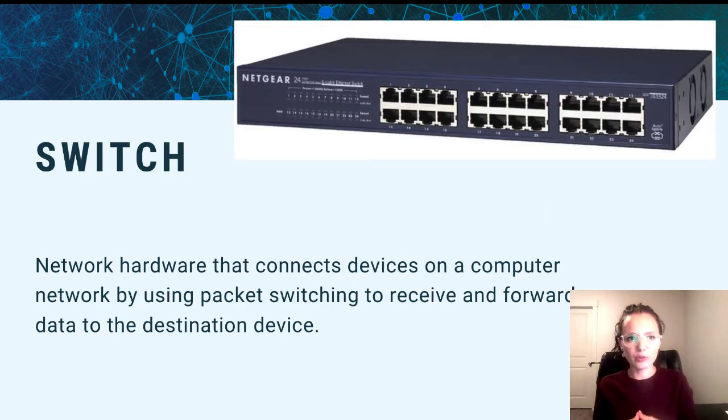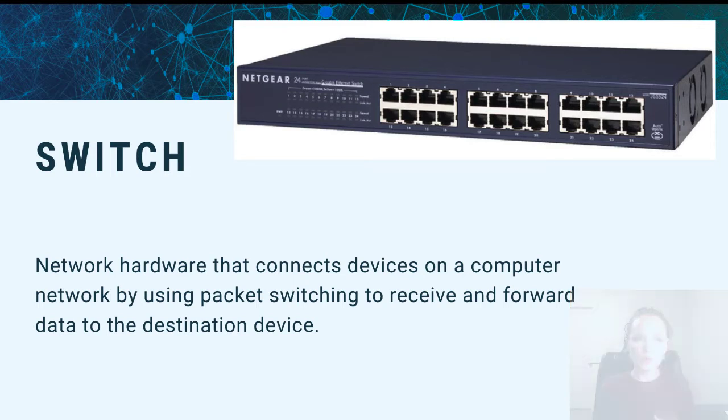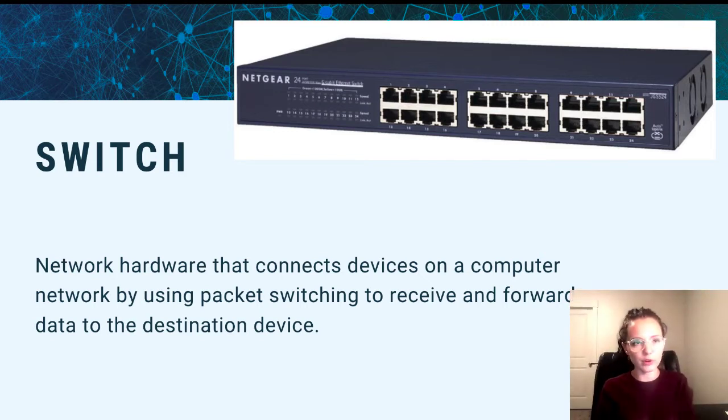In contrast to a switch, so people like to compare a hub and a switch. A switch is network hardware that connects devices on a computer network by using packet switching to receive and forward data to the destination device. So it's similar to a hub in that you plug in all of your computers and devices. However, it's different because it does not rebroadcast that signal to everybody.